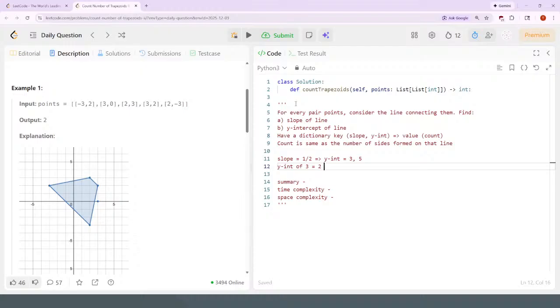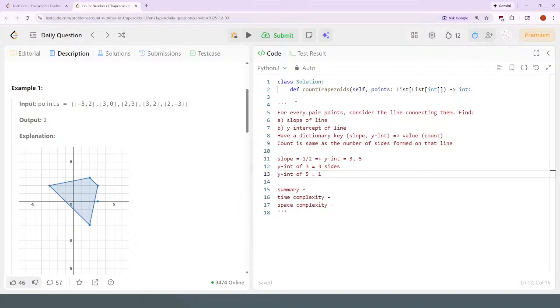No, that's not possible, there's 3 pairs of points, so 3 sides with that, and for the y-intercept of 5, maybe 1 side. So 2 points on that y-intercept and slope would make 1 side, and 3 points on that line would make 3.